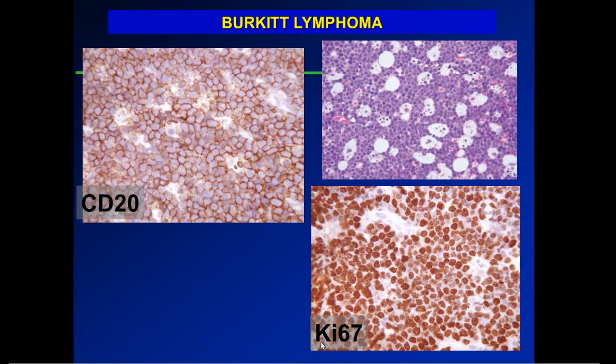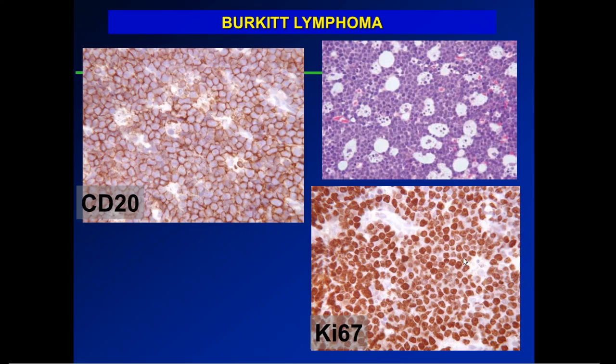And as you see, marker Ki67. Ki67 is a marker exactly for proliferation. This marker shows us which cell is ready to divide into two.